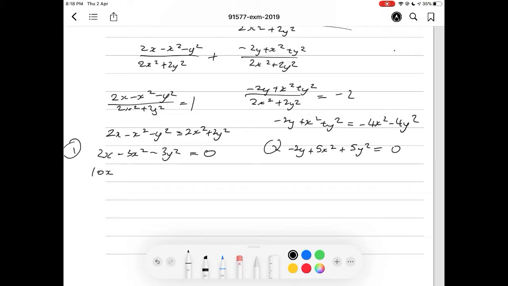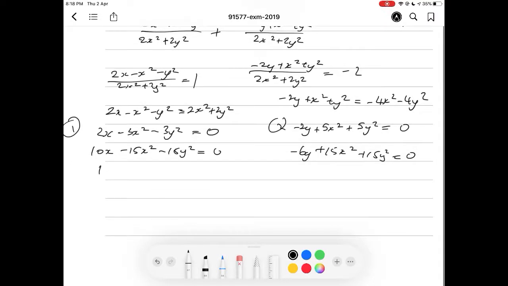So we have 10x − 15x² − 15y² equals 0. And on the right hand side, we'll have negative 6y + 15x² + 15y² equals 0. So now we're going to add both of these equations.